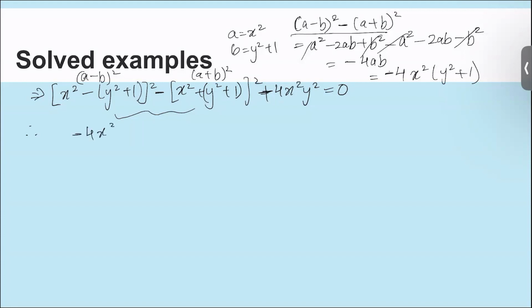Okay, so therefore minus 4x squared (y squared plus 1) plus 4x squared y squared is equal to 0.